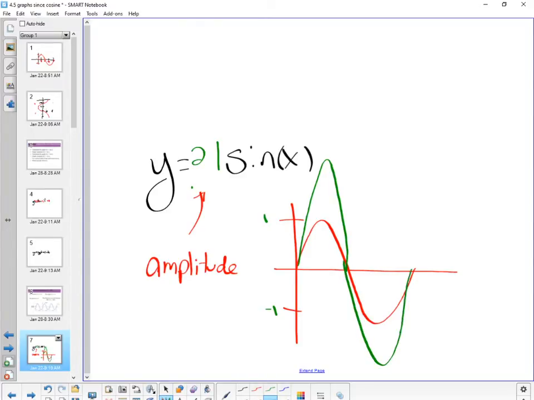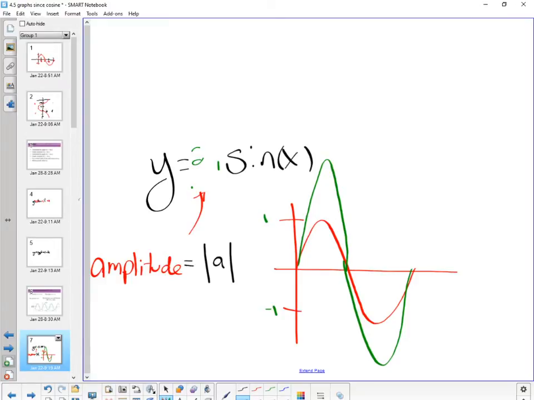So that's always going to be an absolute value though? Well, the distance is absolute. So whenever I see a 2 there, you should know that it goes up 2, down 2. When they ask you for the amplitude, I should give you a better definition here. Amplitude is the absolute value of A. I have to say it this way because if A is negative, it just means a reflection.